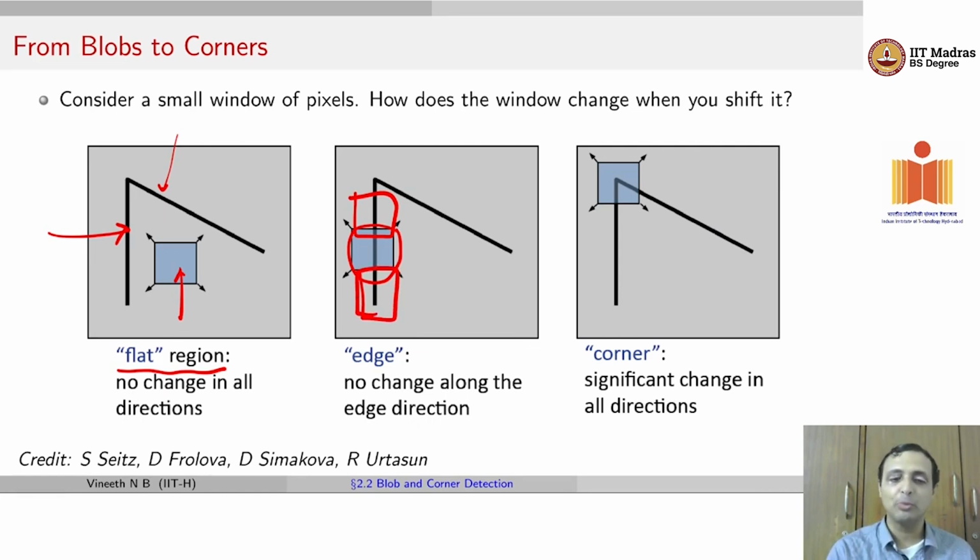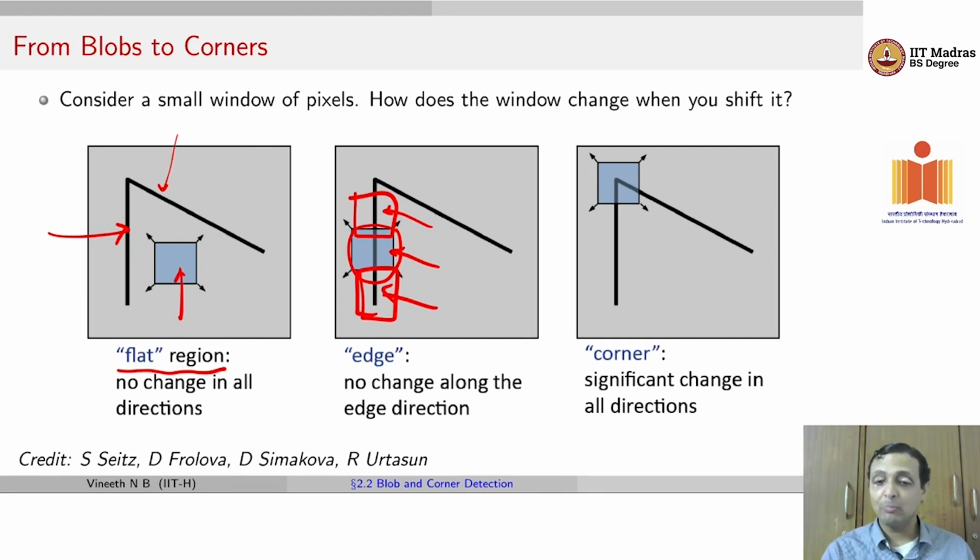You would never know whether you placed your box here or here or here, because all of them would have exactly the same response. There's no difference in the local characteristics in all of these places. So while edges are useful, there is something that they're lacking. If you take a panoramic photo on your phone and you try to align two images, you may not know which part of the edge to align at.